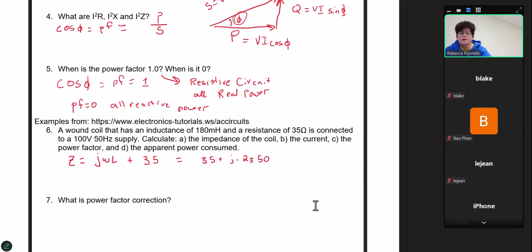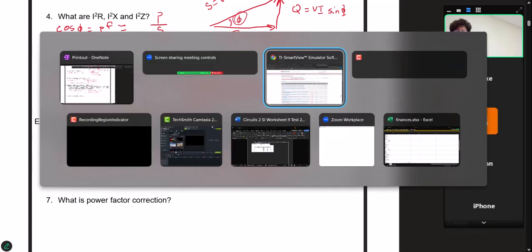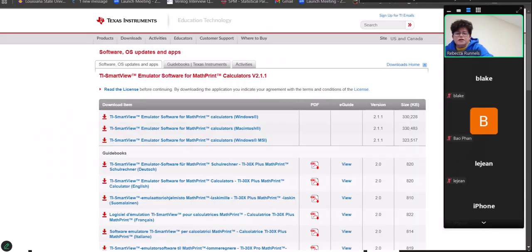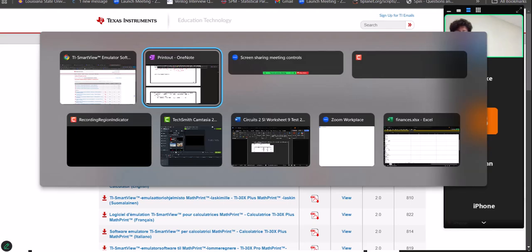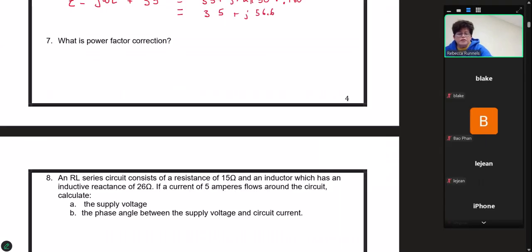So 2 pi times 50 times L, which was 180 millihenries, so 0.180. And so I believe, and somebody please check me on this, that this gets us 35 plus J 56.6. See if I installed my calculator. I'll get it in a minute.